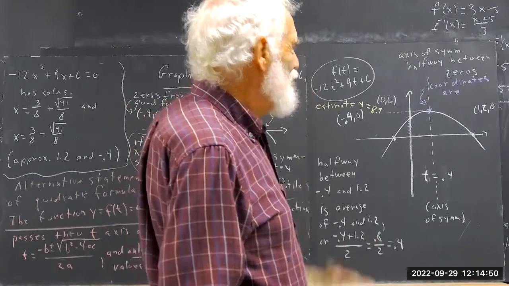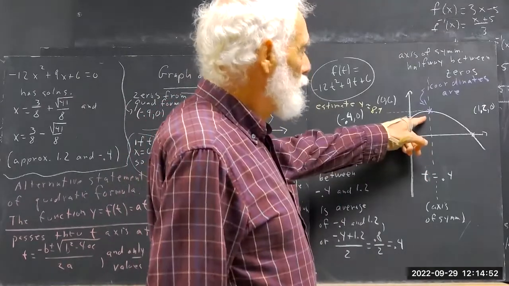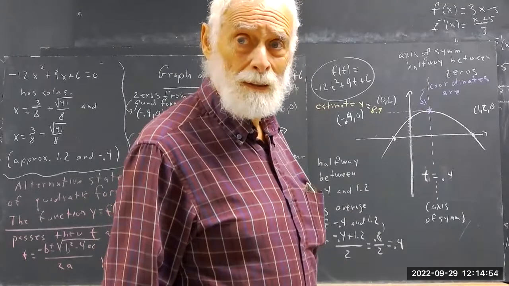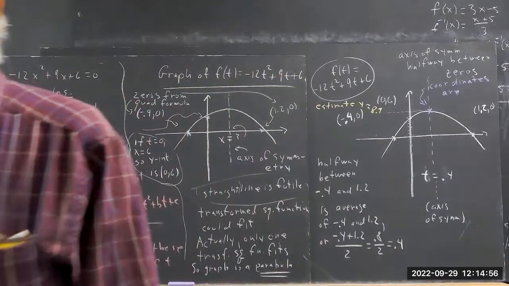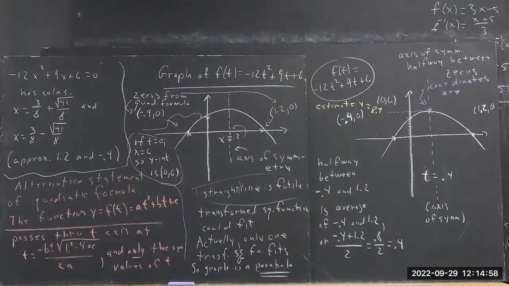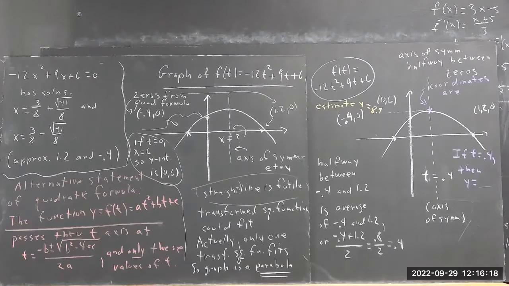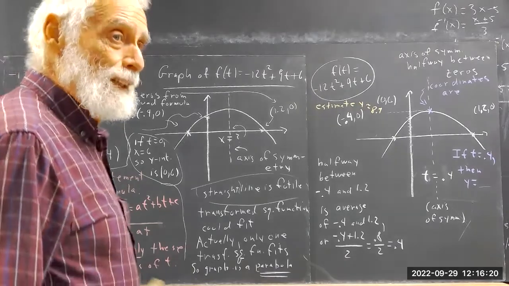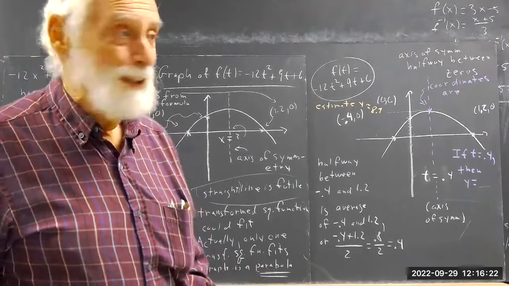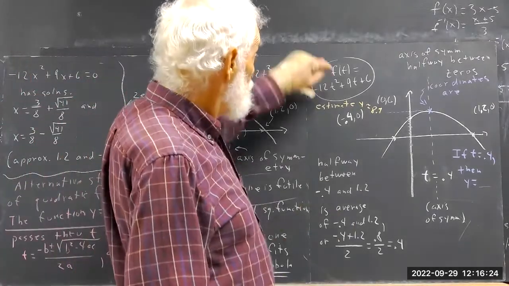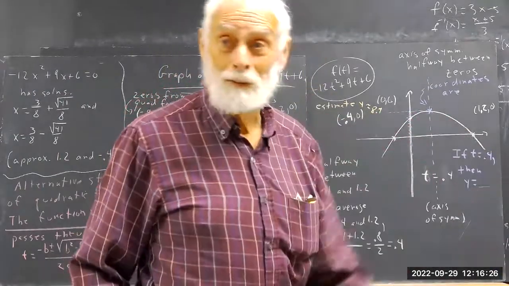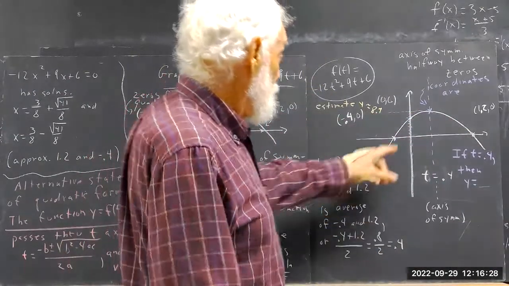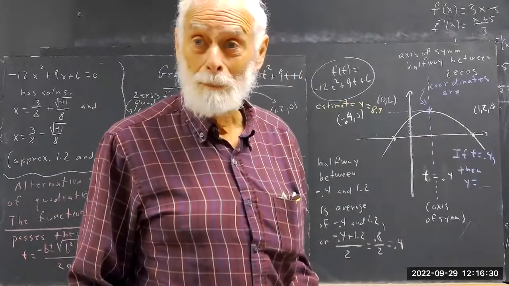Well, how can we actually calculate what the coordinate has to be? What can we do to calculate the x coordinate or the y coordinate of the vertex? Now this is a big deal, and it took us a while to get here because nobody really wanted to use the fact that we have a formula for this function. And the formula led us to this point, and this point, right?